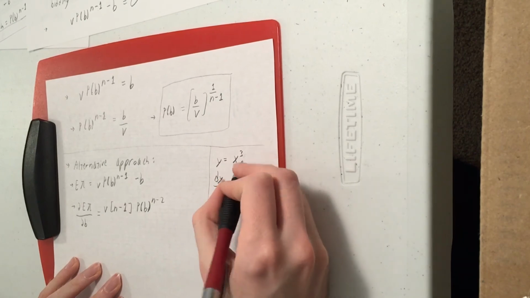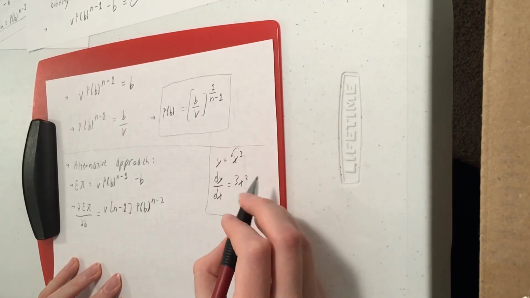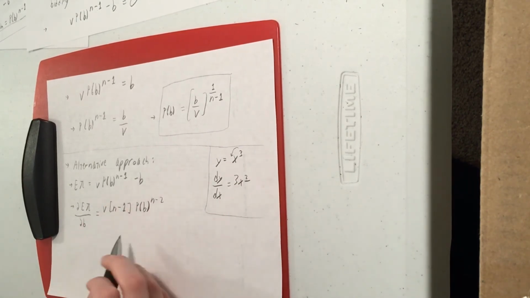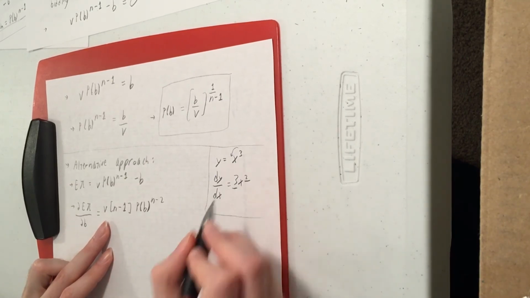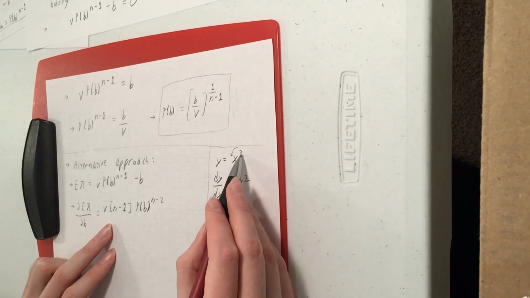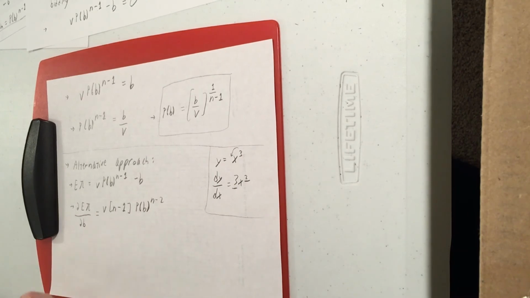You take your derivative, then you get 3x squared. So that exponent comes out in front, and the exponent goes down by 1. So same thing here. The n minus 1 comes out in front, just like the 3 did back there. And the exponent goes down by 1, so we're from 3 to 2 in our example. Now it goes from n minus 1 to n minus 2.